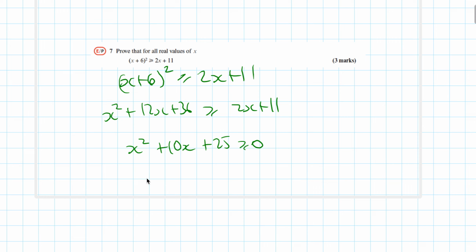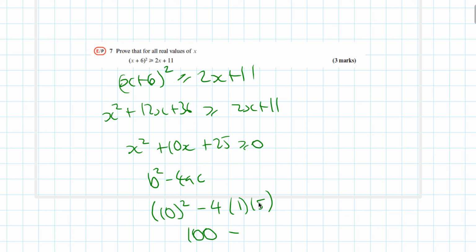From here, I'm going to use b squared minus 4ac. So it's going to be 10 squared minus 4 times 1 times 25, and this is equal to 100 minus 100, which is equal to 0.